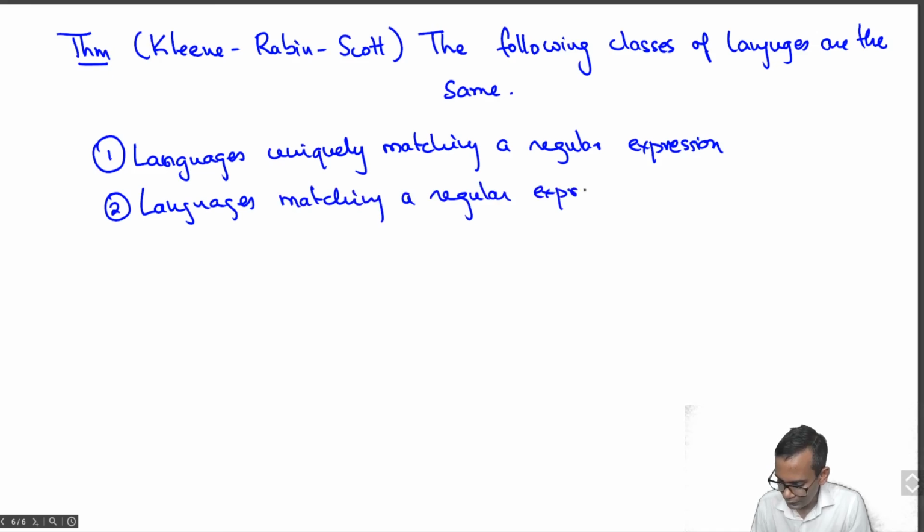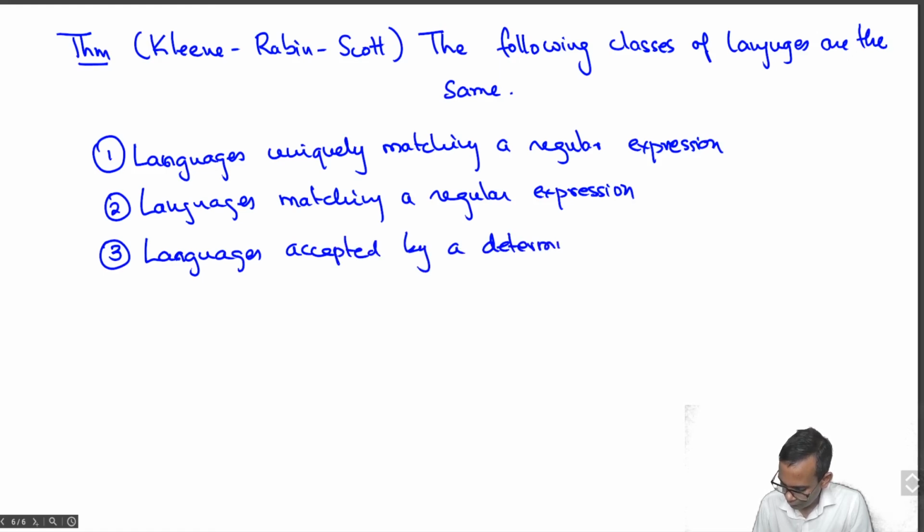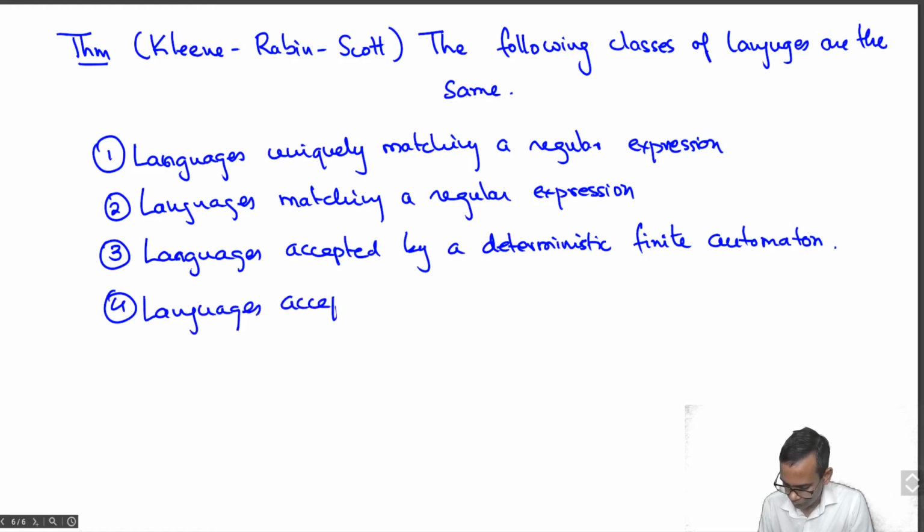I'd call these S-regular. Then we have languages accepted by a deterministic finite automaton. And the fourth is languages accepted by a non-deterministic or a general finite automaton. Any finite automaton.